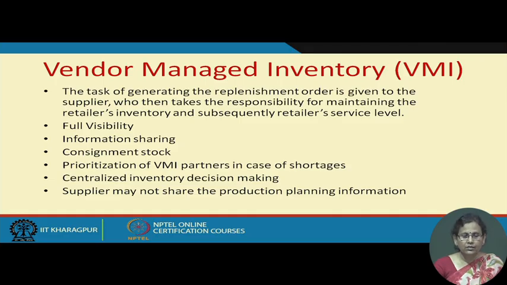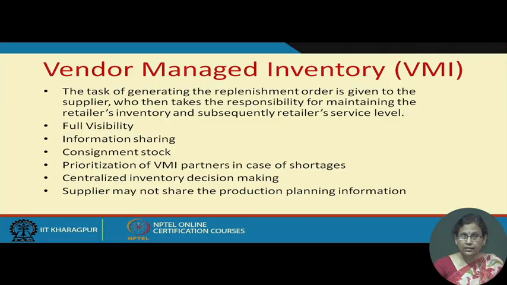consultation with the downstream member. But in case of vendor managed inventory, both the manufacturer and supplier share the information, and the supplier takes care of the replenishment, the stock replenishment decisions.